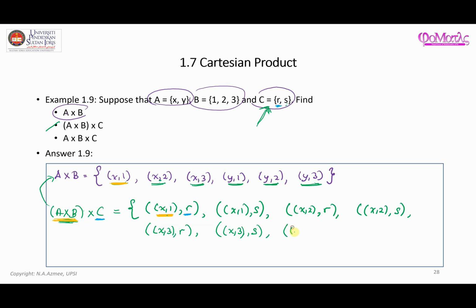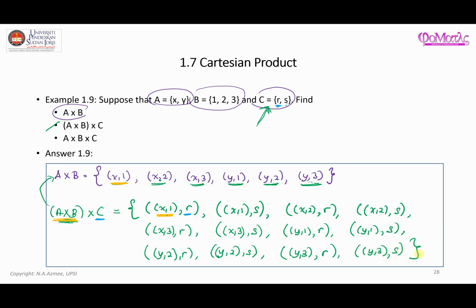Next we will have y1 with r, and then y1 with s, and next we're going to have y2 with r and y2 with s. Next we're going to have this element here, which is y3 with r, and finally that element with s, and curly bracket. Okay, so that's it for the second question.